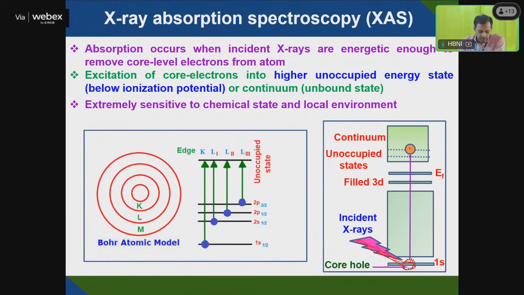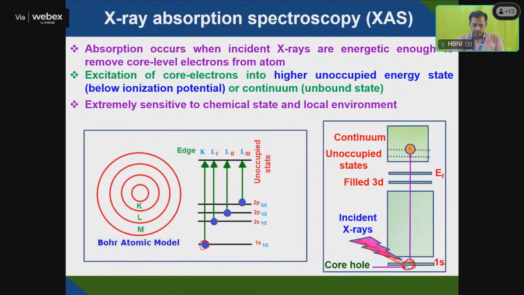That means if you see here K shell, L shell, M shell, depending upon whether the 1s orbital is going from the K shell to 2s1, 2s2, either L1, L2 or L3, you can name it. This is the absorption. Once that particular energy comes and the energy matches, only then this electron will jump from the core to the unoccupied state.